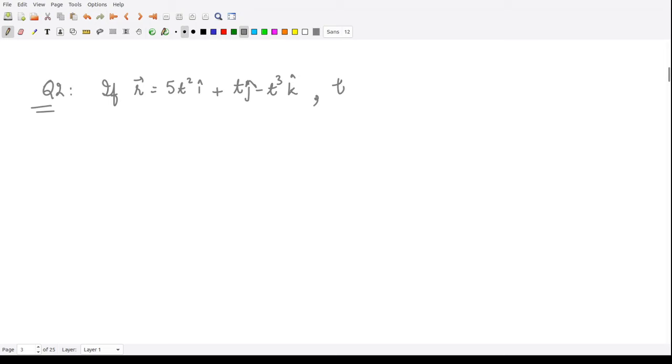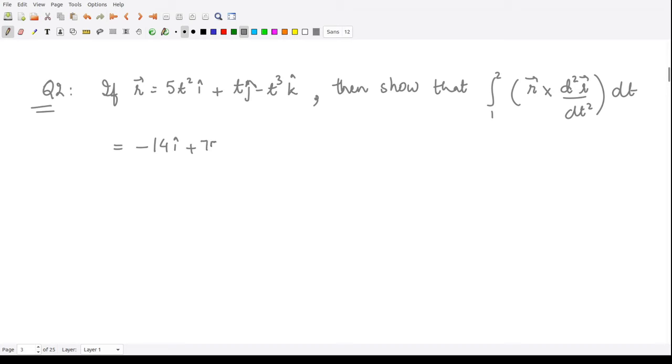Then we have to show that the integration from 1 to 2 of the vector r cross d2r by dt2 dt is equal to minus 14 i cap plus 75 j cap minus 15 k cap. So we have to show this thing.